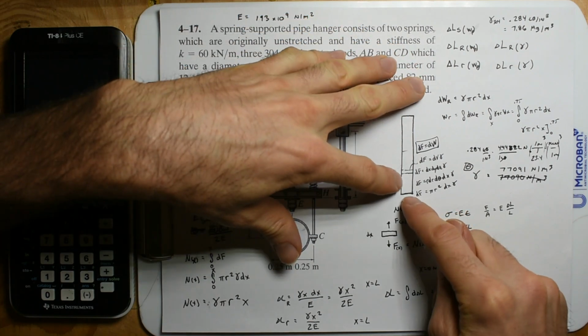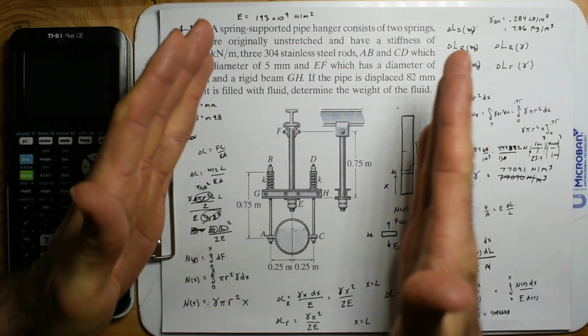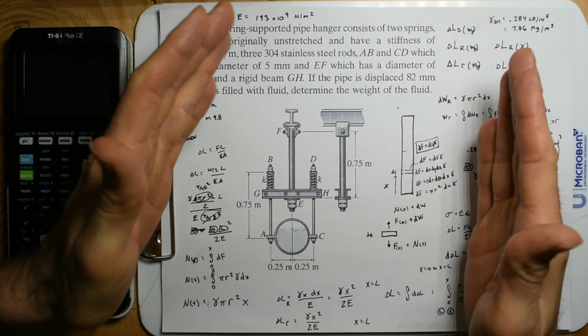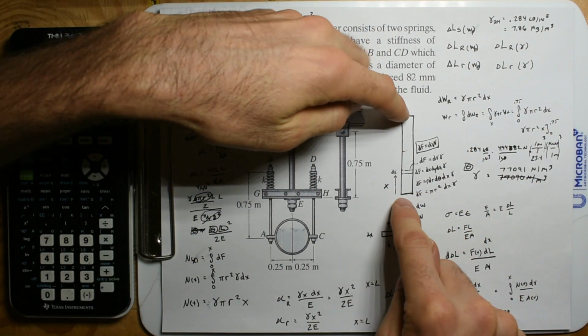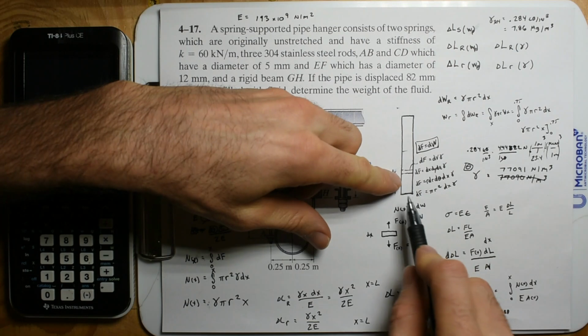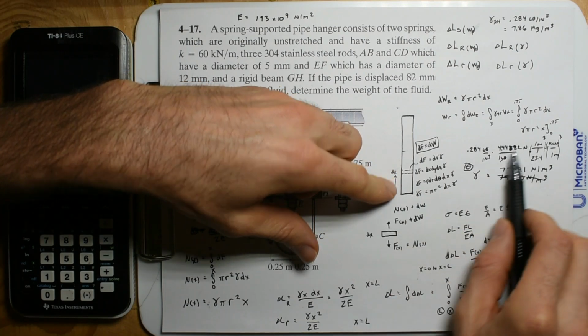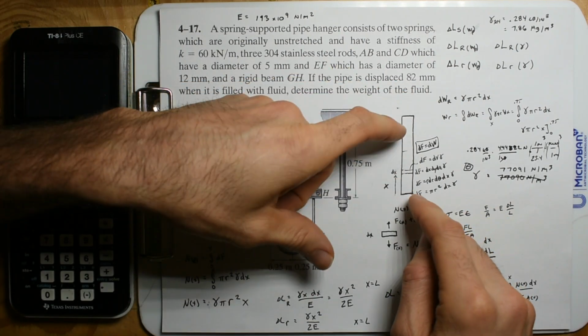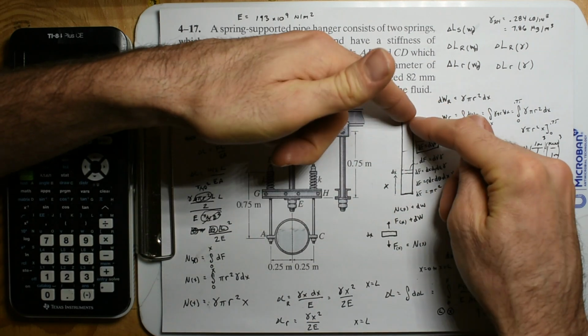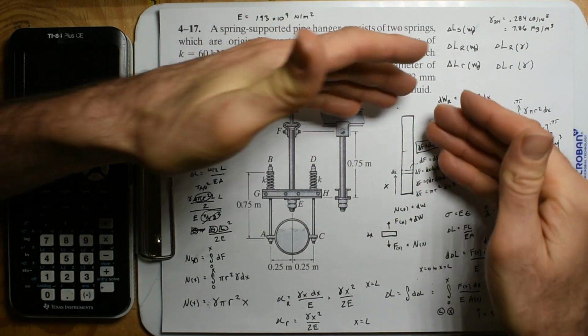But the reason things lengthen is you have something pulling on them. Due to the hanging weight of this little section down here, there is no load on it due to its own weight. But up here, that little section has its weight.